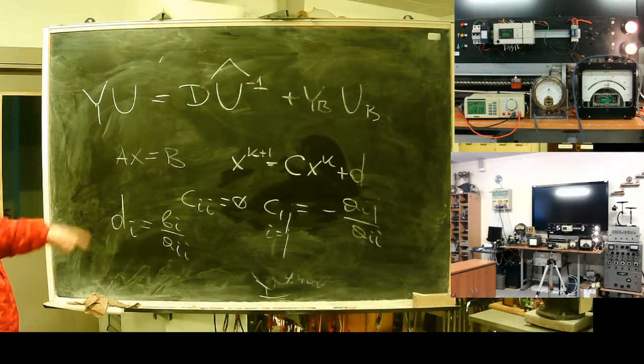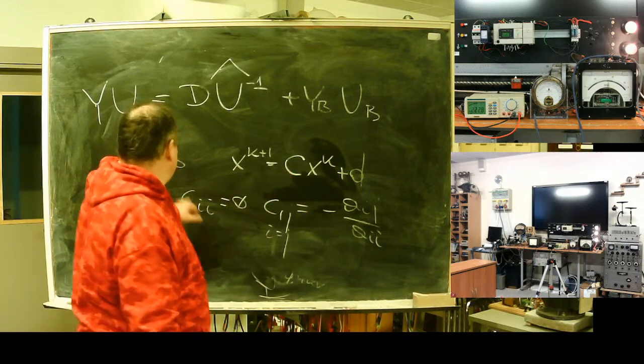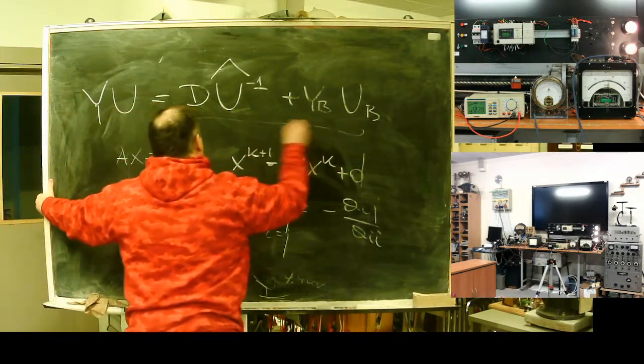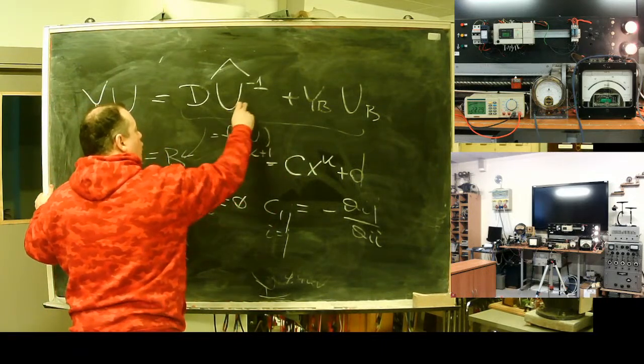It's a Jacobi form. We later apply the techniques to solve it. In the Jacobi iterative form, what will we do? This part remains as it is, but the current is a function of voltage.